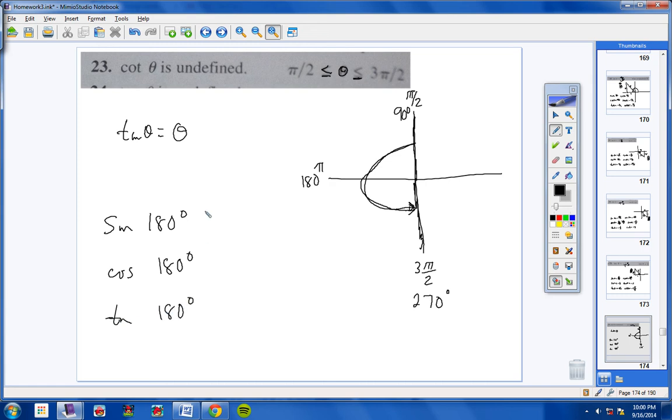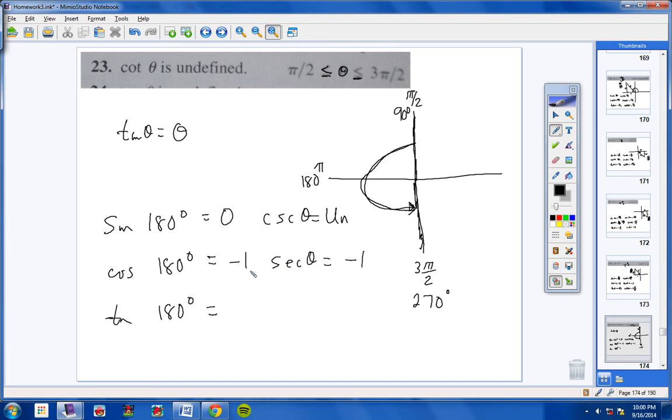And of course, also their reciprocals. So sine of 180 is 0, and so the reciprocal function cosecant would be undefined. Okay, the cosine of 180 is going to be -1, and so the reciprocal of -1, secant of theta, would also be -1.